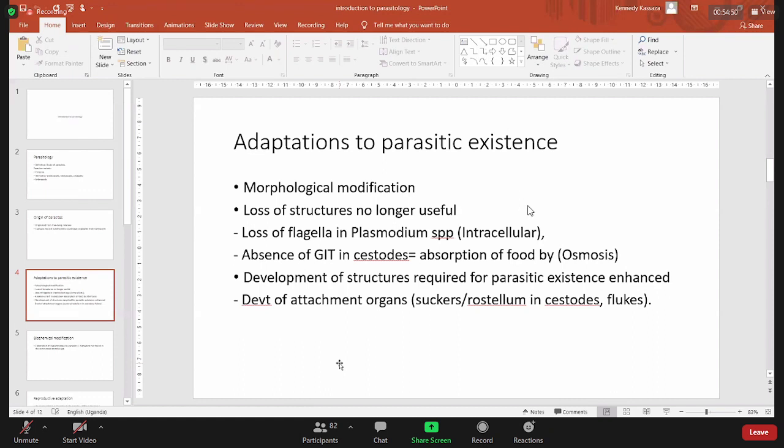Since the host environment is very hostile, we find the flukes or trematodes have suckers, while the cestodes or tapeworms have got suckers, and others have got a rostrum for attachment.